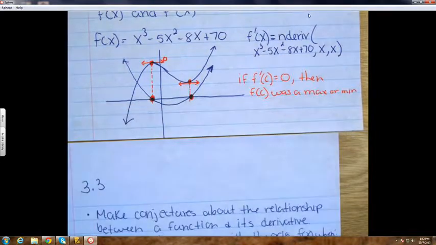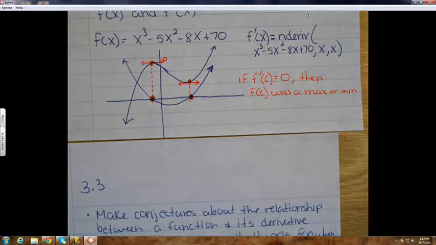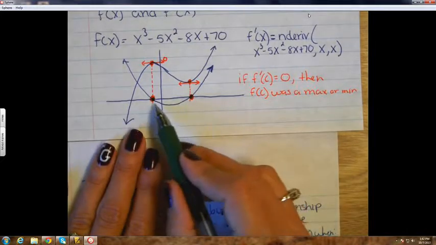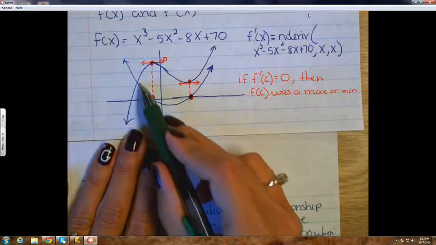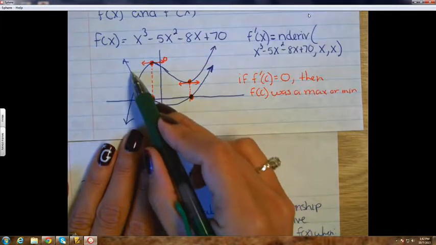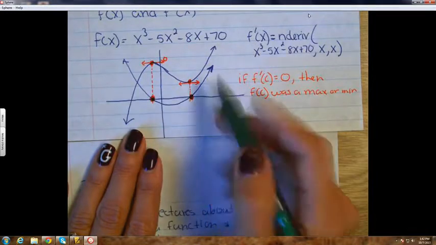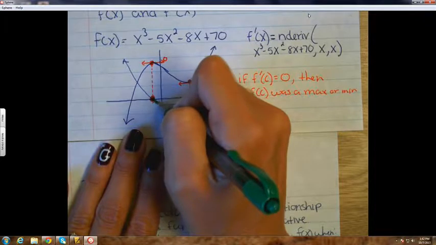Okay, I want you to be able to tell me what's happening on the original function when let's go with the derivative is negative. Well, if I look, here's my derivative graph. These are all positive y values here. They're all up. Same thing here. Here is where the derivative is negative.